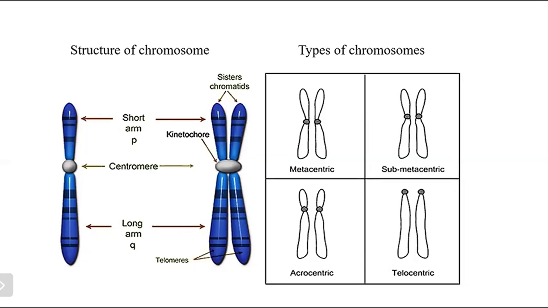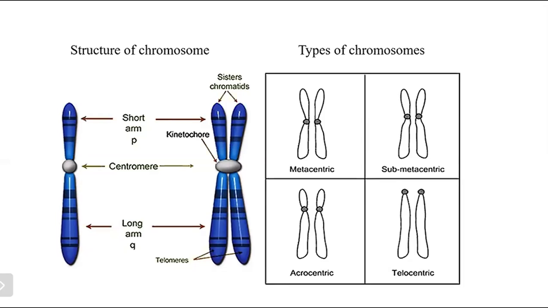In the cell cycle, first comes G1, then S, then G2, and then M, that is your division phase. So before coming to division, DNA gets replicated. That's why you get sister chromatids in this structure. The actual chromosome is the left hand side, but we will never be able to see that because it gets replicated before, in the cell cycle.